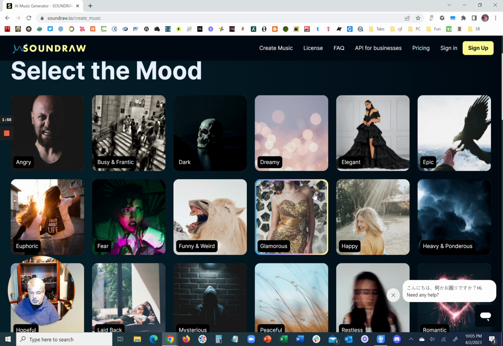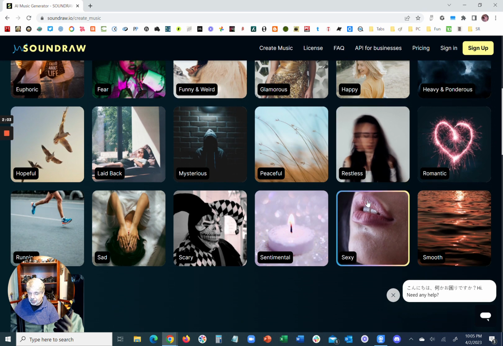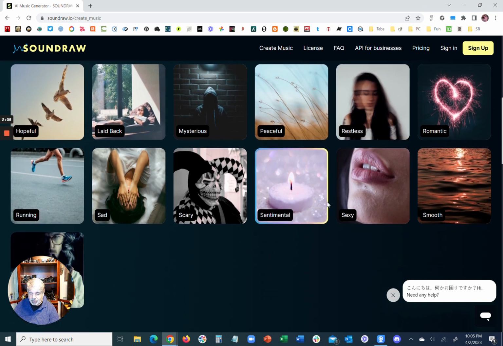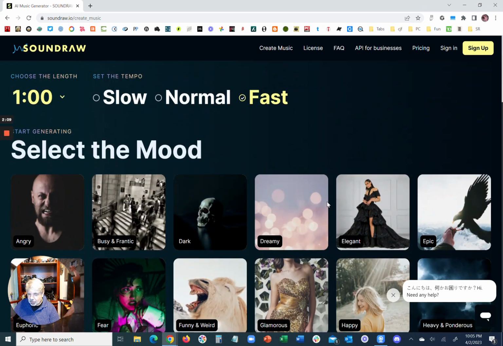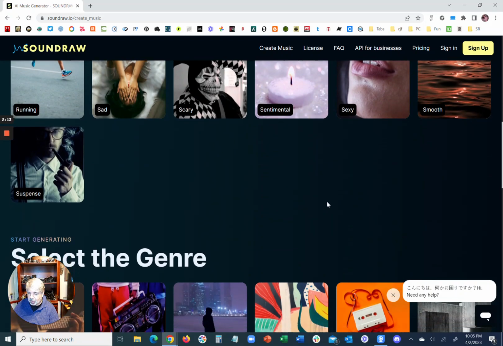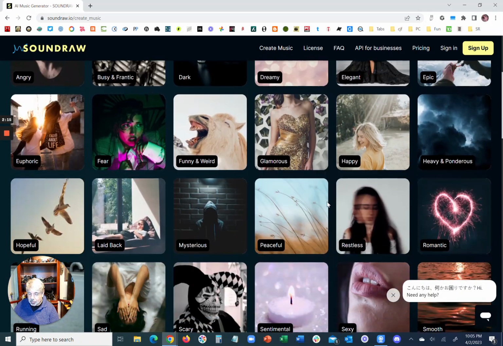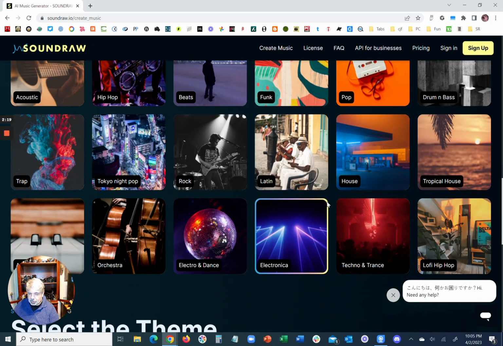What's the difference in these? Let's have restless, where the person is a blur, or I don't know. It looks like the kind of thing that you get when you put a committee together and say, come up with moods for music. Then there's genre, which is eclectic at best.